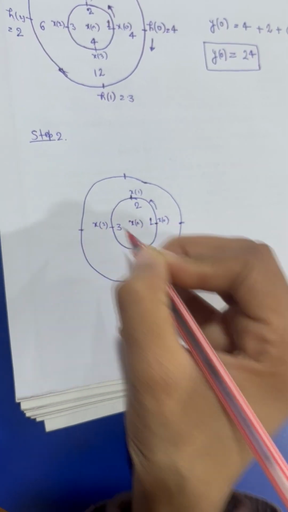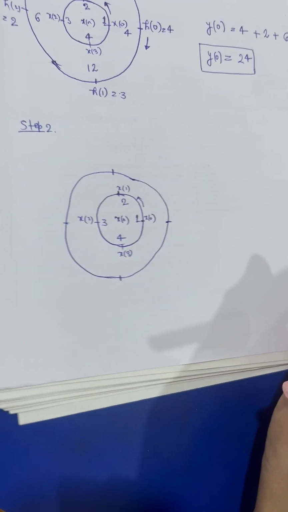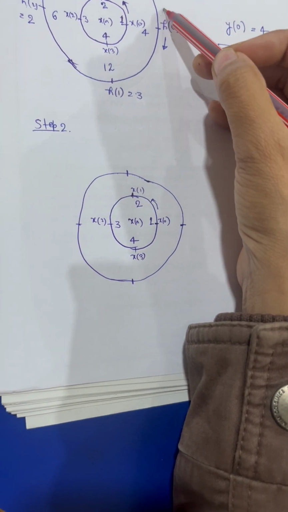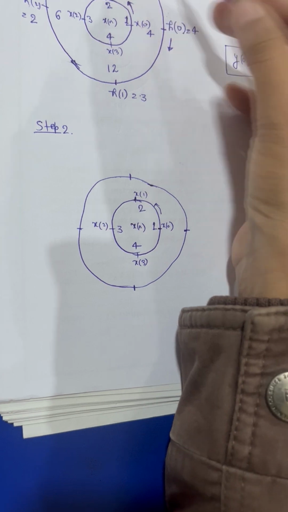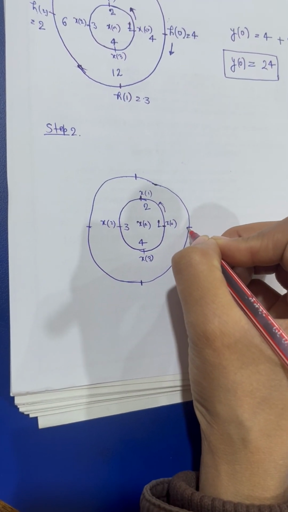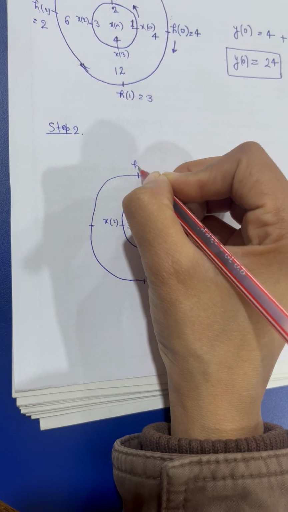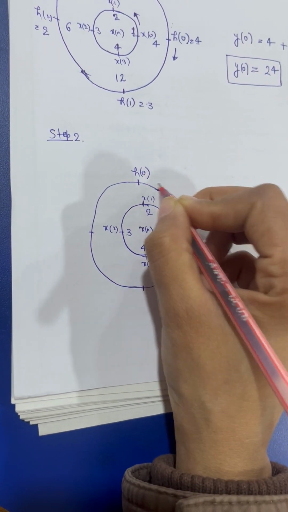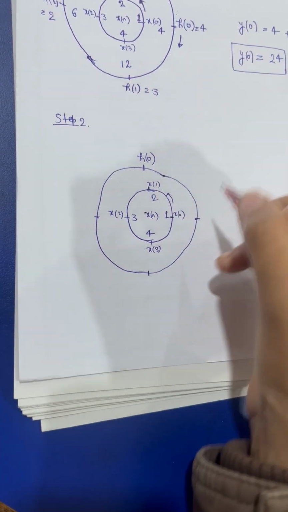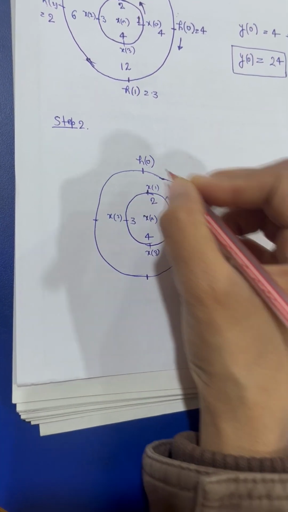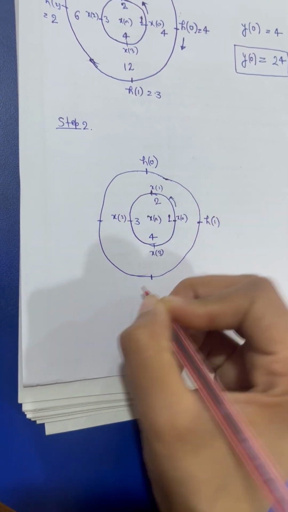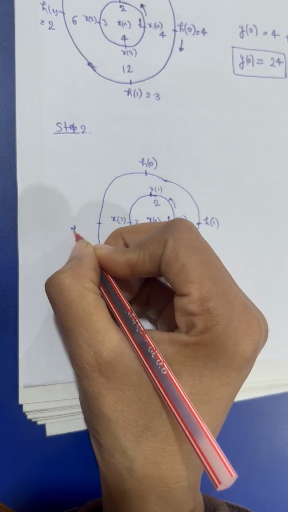In the next step, we will shift the h0 sequence in anti-clockwise direction, only one step. So h0 is shifted anti-clockwise, and we continue the clockwise sequence: h0 here, h1 here, h2 here, h3.